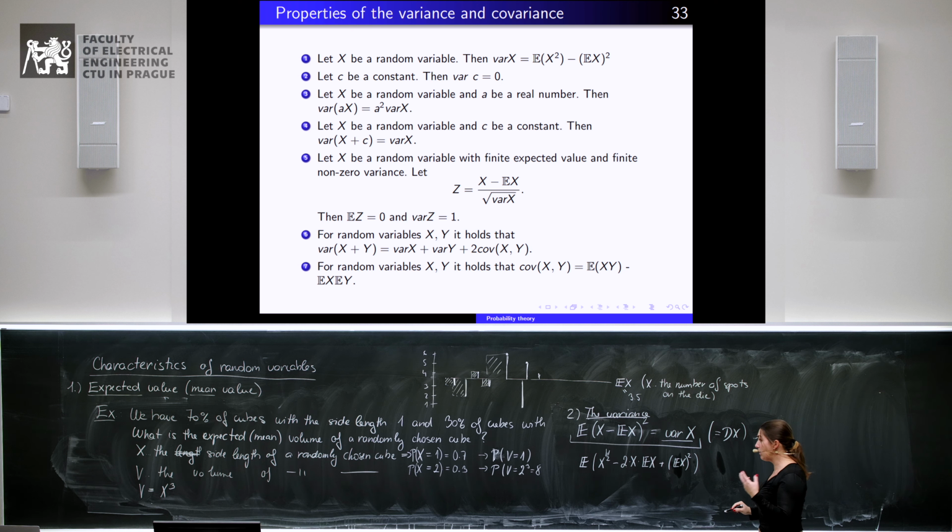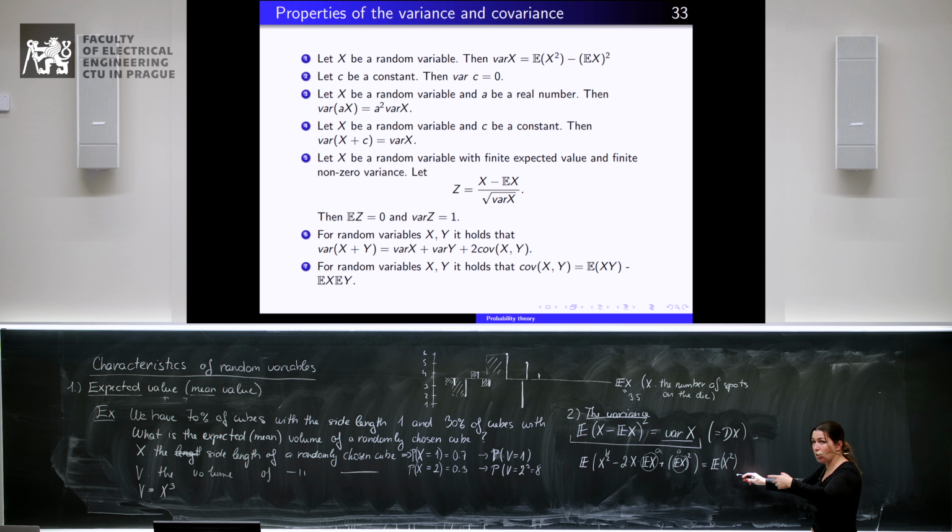Still remember that this expected value is a constant. So we get the equality that it is the expected value, and now I will write the brackets.